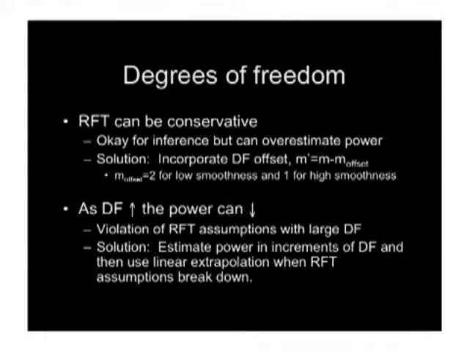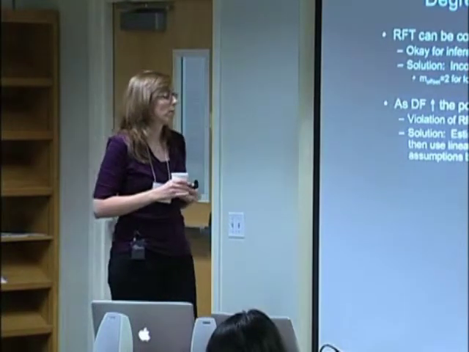To protect against this, Satoru Hayasaka suggests a degrees of freedom offset, where he takes the original degrees of freedom m, penalizes them with an offset term, and uses m prime as the degrees of freedom in the power calculation. He uses 2 for low smoothness and 1 for high smoothness. He just found through inspection that those worked well.